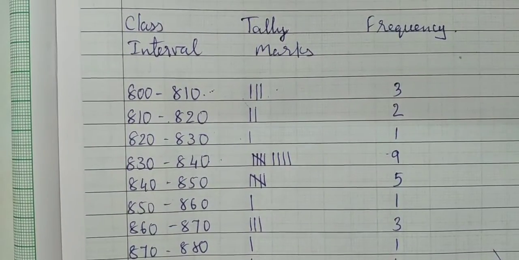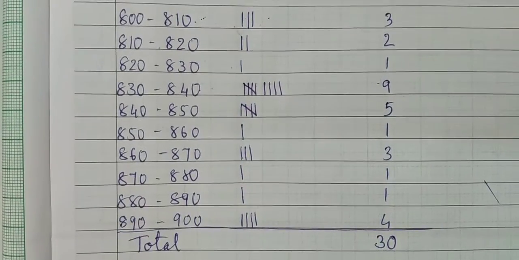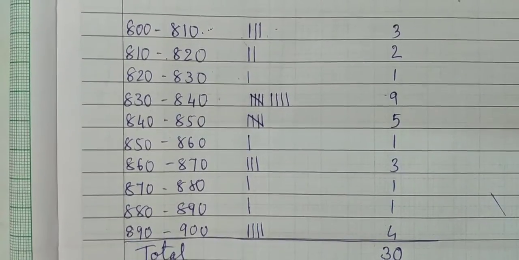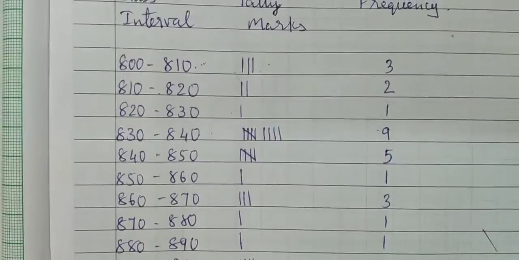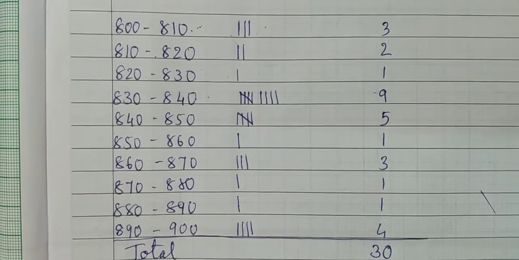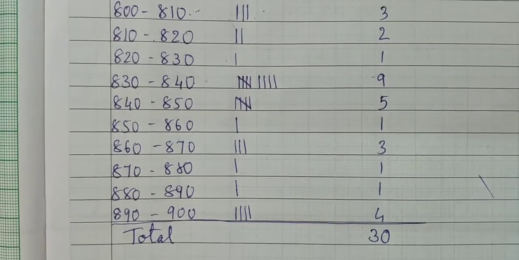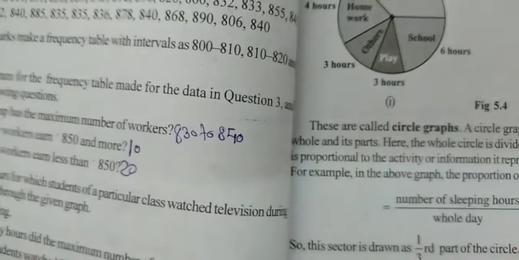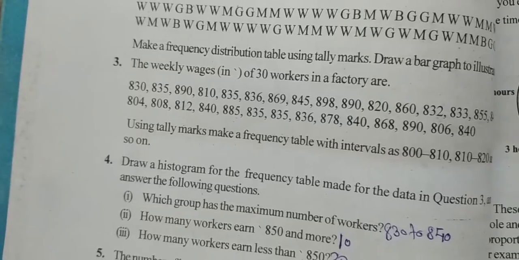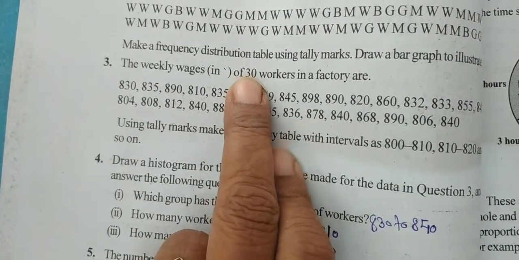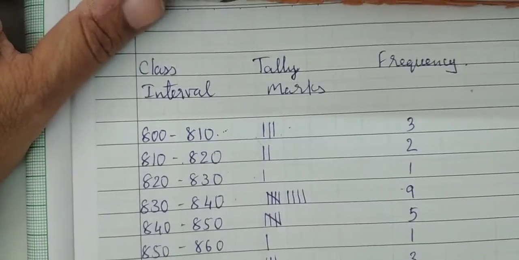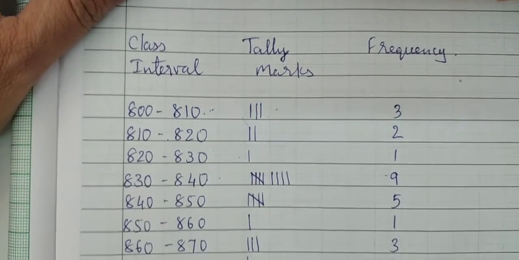Here the frequency distribution of the given data is ready, you can see, right? And as per the tally marks, I have written the frequency, the number of tally marks, and on adding I am getting 30, which is equal to the number of workers given in the question, 30 workers, right? So our frequency distribution table, that is question number 3, is ready. This is how you have to prepare the table.